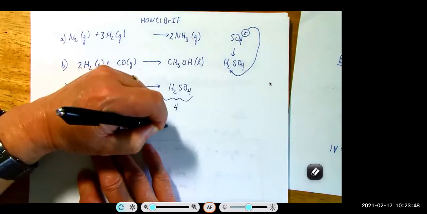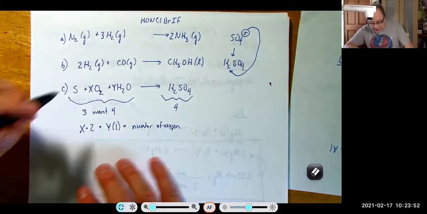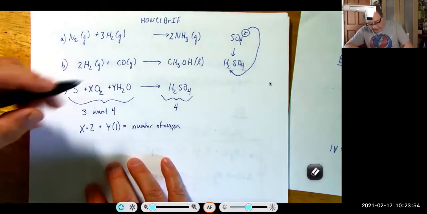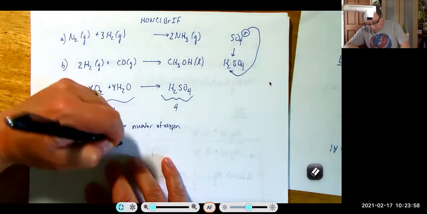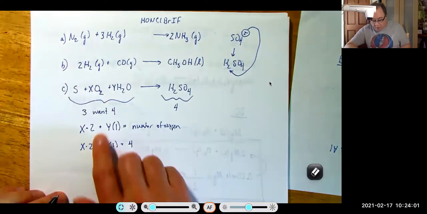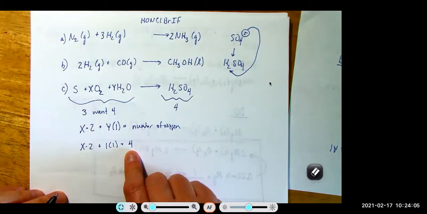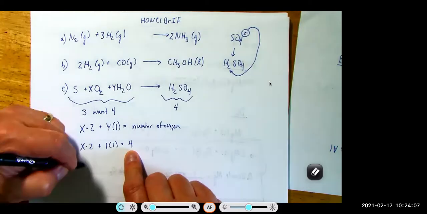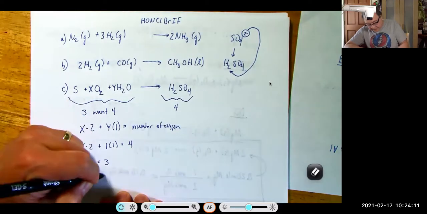So we don't want to change Y. We want to keep that 1. So X times 2 plus 1 times 1 is equal to 4. We want 4. Are you with me here? Yeah. So X times 2 is equal to 3. X is equal to 3/2.